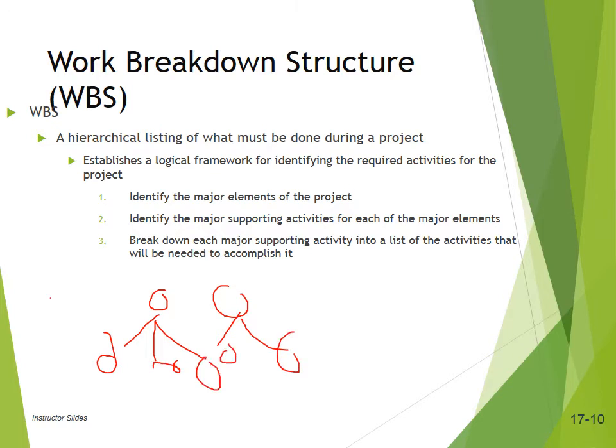So it can go to different levels of division. The more we break it down into smaller substructures, the finer the details we look into. So from a macro level perspective, we move into a micro level perspective. So that is work breakdown structure.